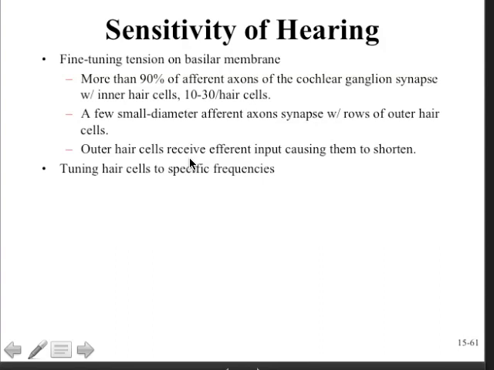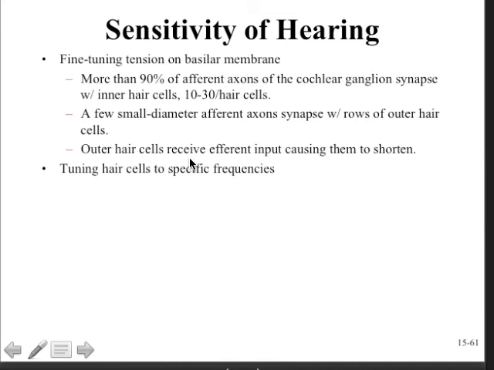Remember that they're primarily responsible for adjusting the tension in the system of stereocilia that eventually is going to produce the change in polarization in the hair cell, in the inner hair cell, that's going to lead to the production of a potential that could become an action potential and lead to transmission of an electrical impulse to the auditory cortex of the brain, which is in the temporal lobe.